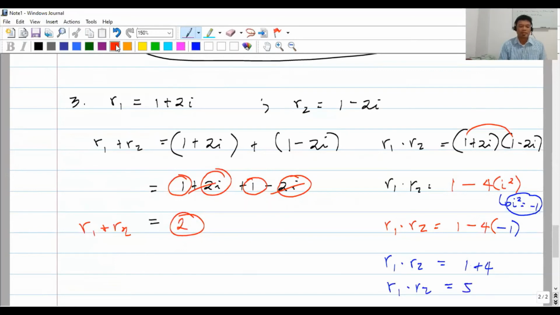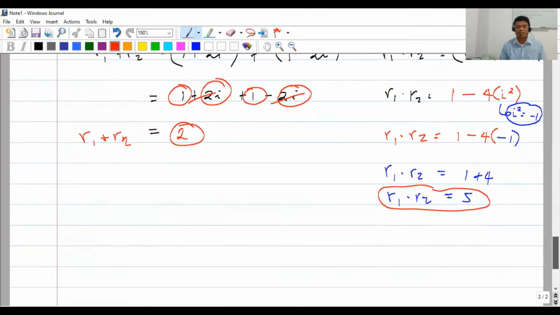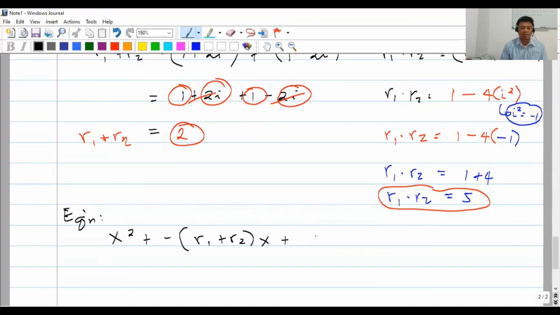So the product of the roots R1 and R2 is equal to 5. Now we are ready to form the equation of these two roots. The equation would be x squared plus the negative of R1 plus R2 times x plus the product of R1 and R2 equals 0.